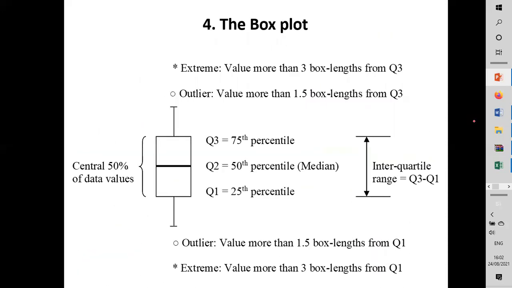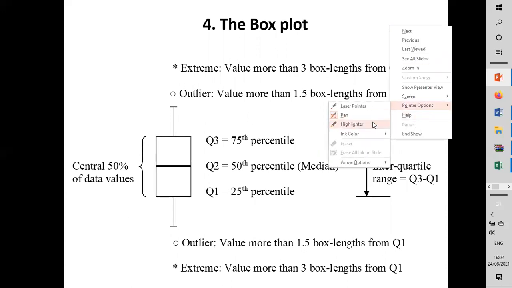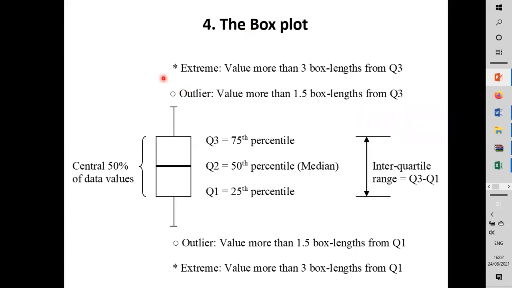Cover this. Box plot. What is the purpose of a box plot? To look for outliers. What the box plot does is partition the data into 4 quarters. From here to here, 1 quarter, 1 more quarter, 1 more quarter, and 1 more quarter. Supposing there are 1,000 cases, 250 cases will be below here, 250 cases above that.